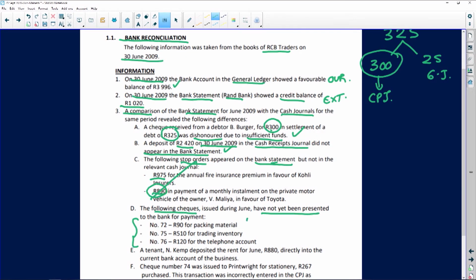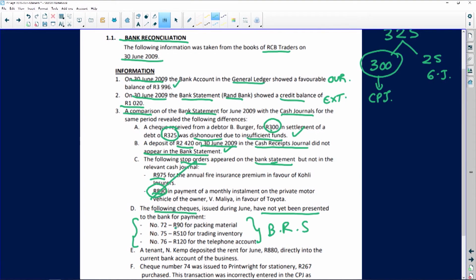Okay, it hasn't been presented to the bank for payment. So immediately we are now going to record these outstanding checks in our bank reconciliation statement. It'll appear as outstanding checks until the checks have been cashed. So we've got check number 72 for 90 Rand, check number 75 for 510 Rand, check number 76 for 120 Rand.